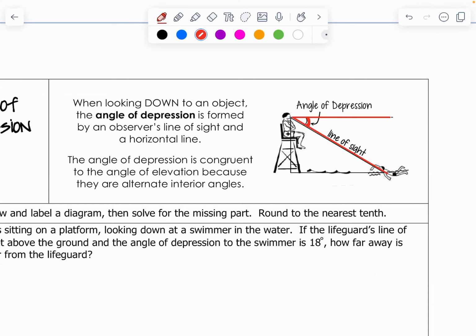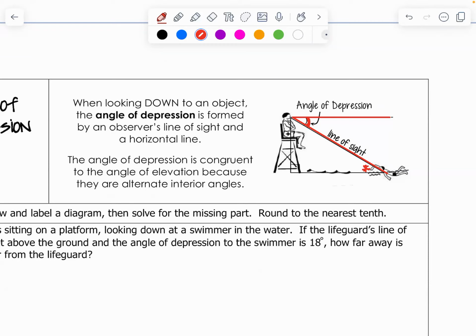A lot of times we have to draw what the line of sight would be, and then the angle down. Now, there is another angle that is the exact same measurement as this one that I have highlighted. What is that? We have an alternate interior angle. This one right here is the exact same angle, which is the angle of elevation.